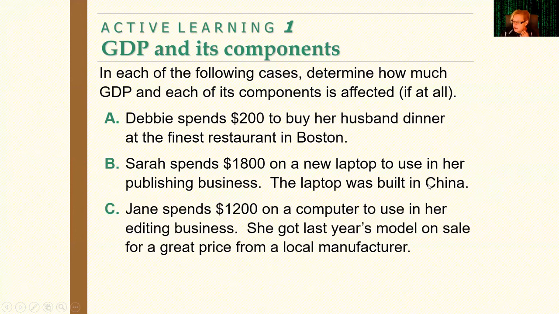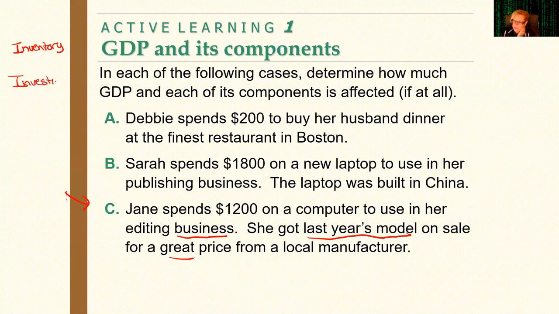Okay, let's look at the next one. Jane spends $1,200 on a computer to use in her editing business. Looks like investment. She got last year's model on sale for a great price. But here's the key: last year's model. Remember, GDP is the final market value of all goods and services produced in that time period. So there are two possible answers to C. Some people like to say, well, it was in inventory, and inventory is part of investment.